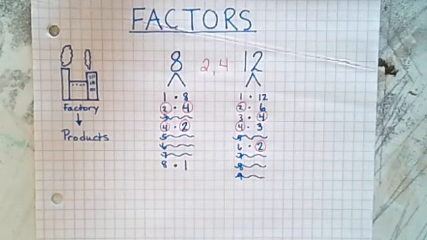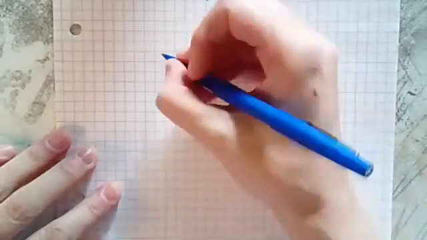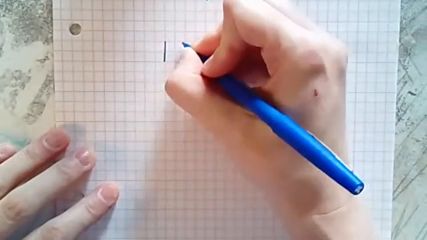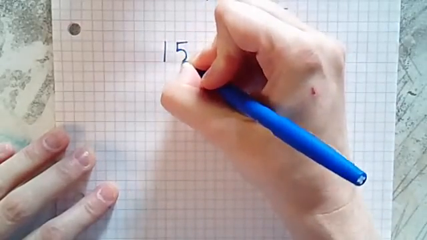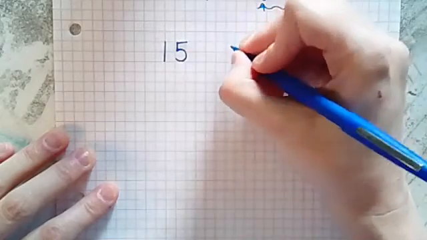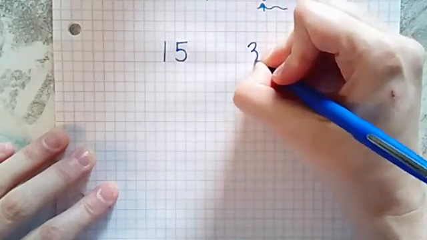Good job. Let's try just one more. So I'm going to move this up and we're going to do this again. This time I'm going to use the number 15 and we will also use the number 30.